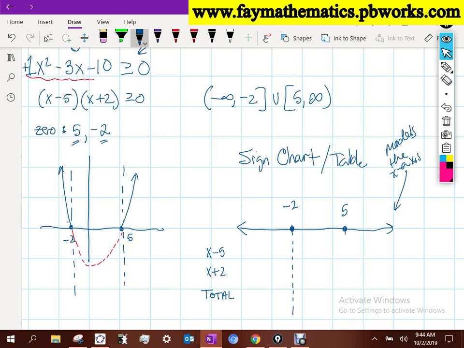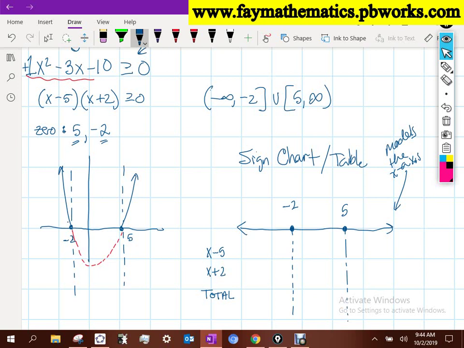My zeros are going to be places where I could potentially change position in relation to the x-axis. I could either be above the x-axis or below the x-axis in those regions. Does that make sense? But the change is going to occur at -2 and 5, or potentially occur at -2 and 5. Okay? Because that's where we will equal the x-axis, or equal 0.